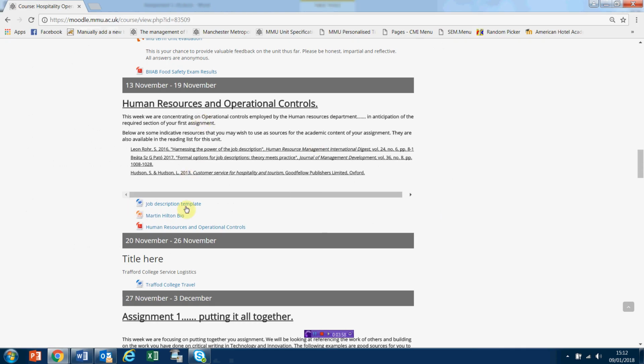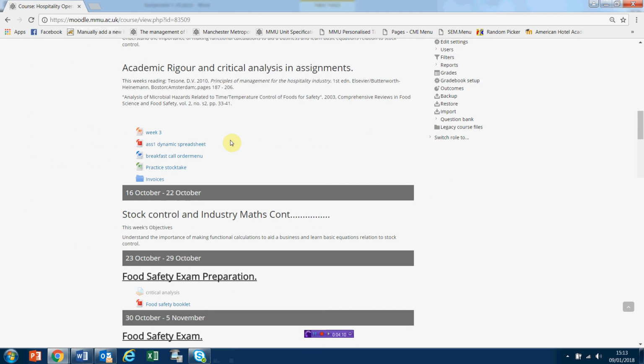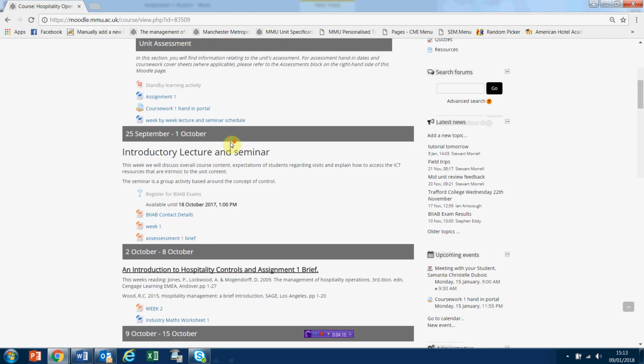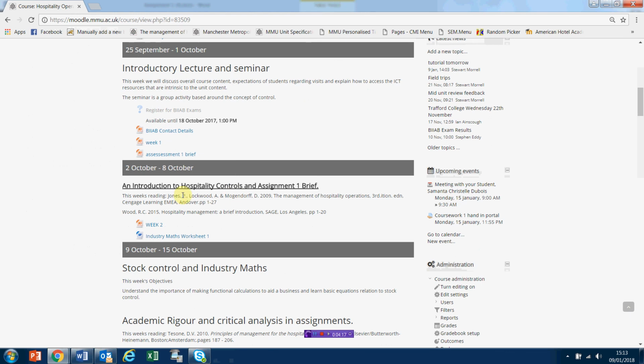If you look at week commencing 13th to the 19th of November, there are 3 references there that look at customer service, job description, and then if you look in week 1, which was week 2, introduction to hospitality controls, you've got your reading there, Jones, Lockwood and Moggendorf and Wood 2015.